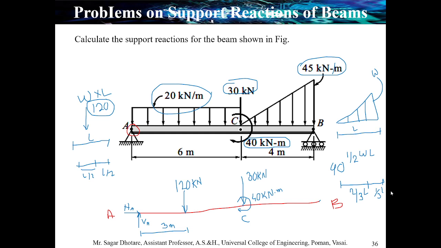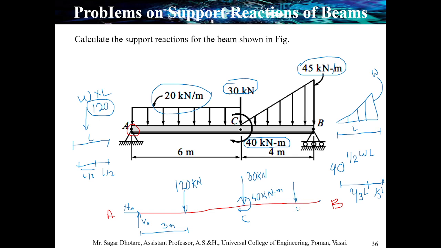Okay, so you can find the 2/3 length, that is 2 multiplied by 4 divided by 3. So 8 divided by 3 will be the distance from C, and 4 divided by 3 will be the distance from B to C side. So we can place this force in this location.